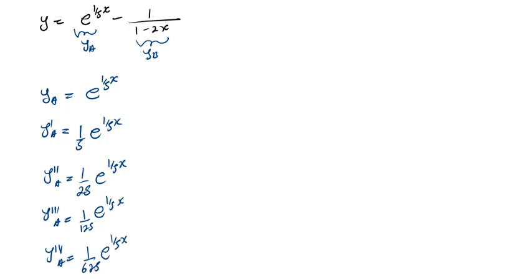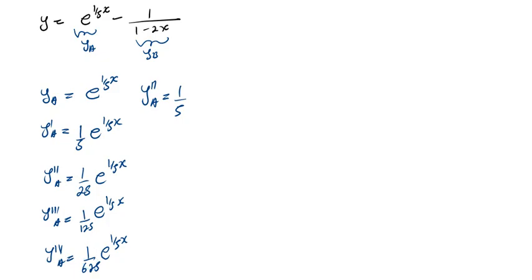So one thing I observe here is that y to the n of a is equals to, so this e to the 1 over 5x remains the same, it doesn't change. What changes is the coefficient. It is changing in fives. Here is the zeroth derivative, meaning it was more like 5 to the power 0, that would be like 1, right? Here it is 5 to the power 1, 5 to the power 2, 5 to the power 3, and 5 to the power 4.